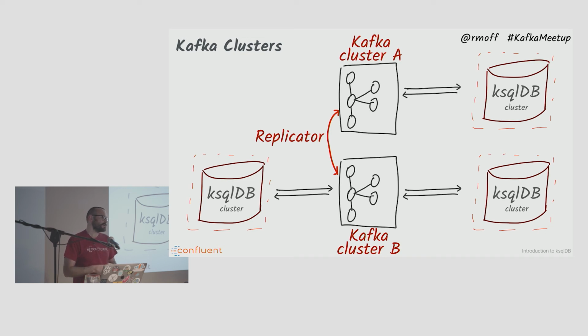So you can create separate Kafka clusters and use Replicator or something like that in between them. Now we have our events coming in on one, we stream them down to a second one, and our ksqlDB clusters can connect up to that as well. So you think of it very much laid out like that, not just one Kafka cluster and one ksqlDB cluster.